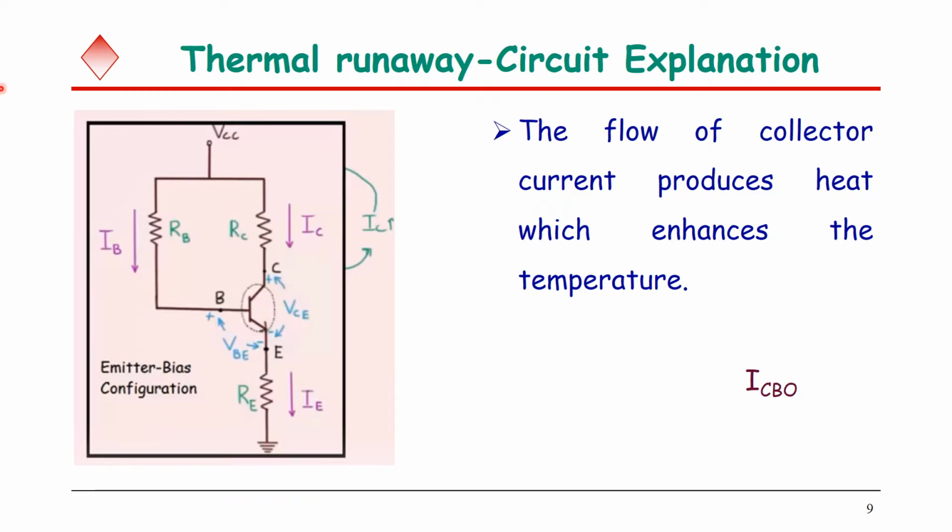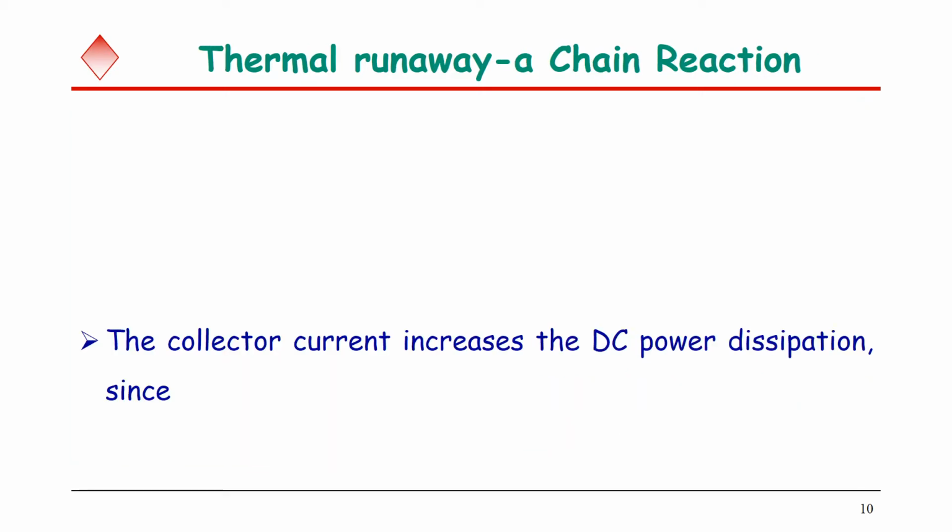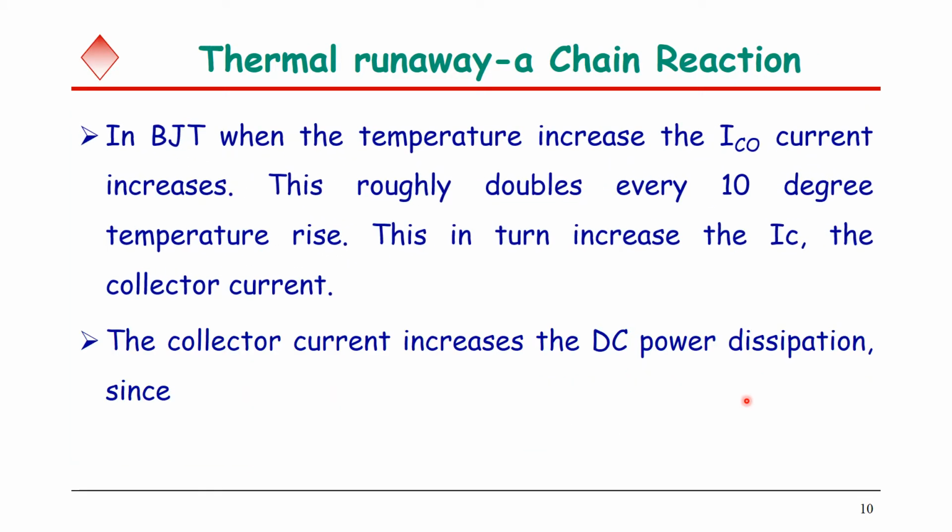Here what happens is, due to some variation in heat, the temperature gets increased, and one study says that for every 10-degree rise in temperature, the ICBO is doubled. That is, whenever the temperature increases, the ICBO value will double.